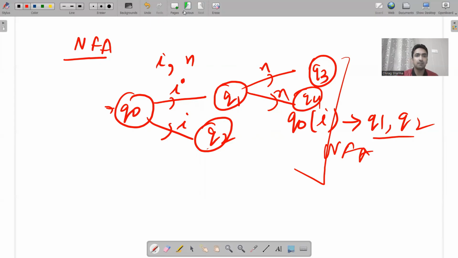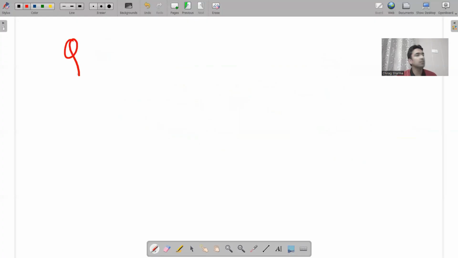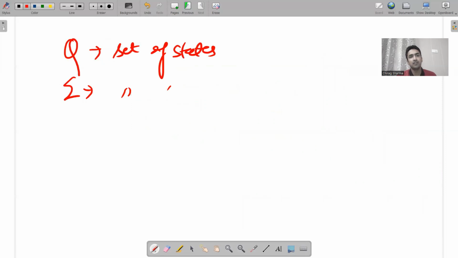So the tuple terminology would be: capital Q, which says the set of states. Then whatever set of input symbols you have, you can take one, you can take INT, whatever the language uses. Then there is the transition, which is the difference.